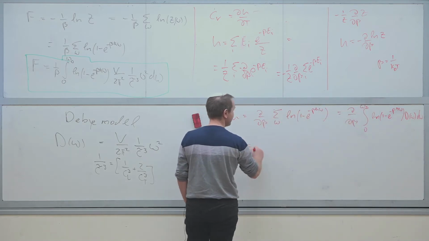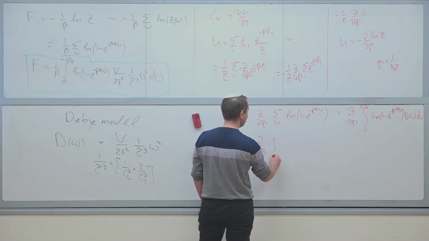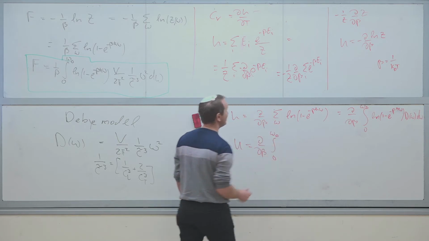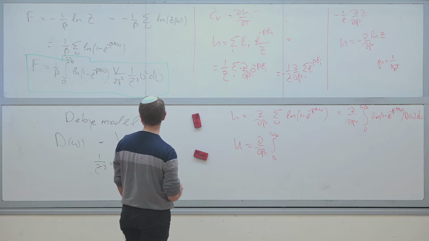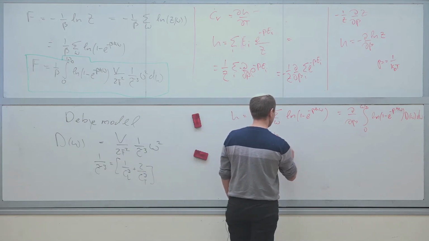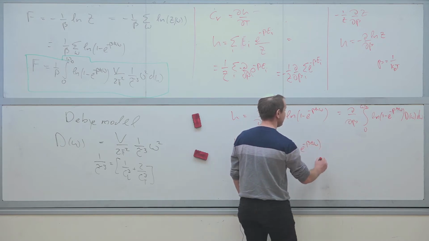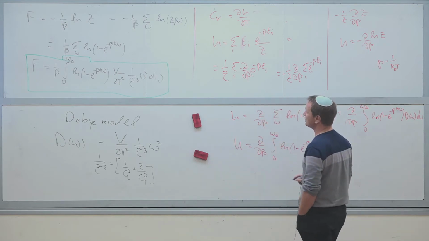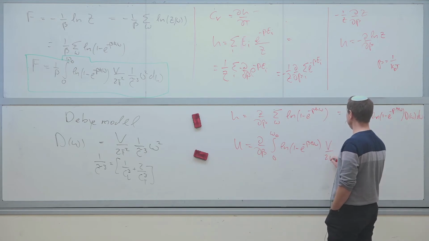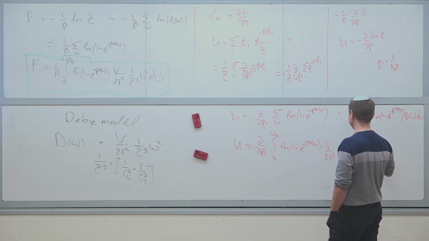So we obtain that U equals d/d beta of an integration from 0 till omega Debye of a log of 1 minus e to the minus beta h bar omega. And here we put all these numbers: V divided by 2 pi squared, 1 over c tilde to the third, omega squared d omega.